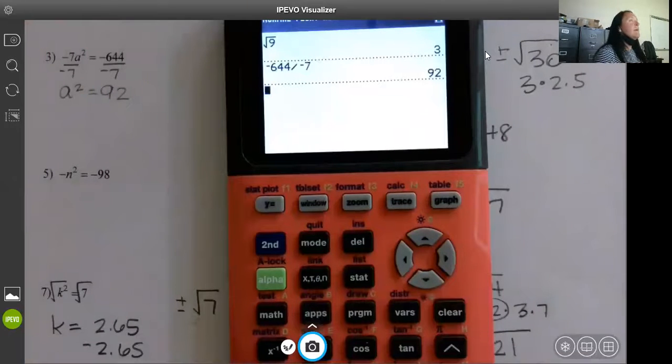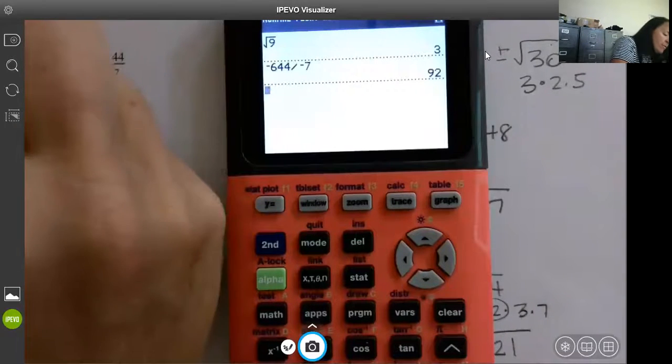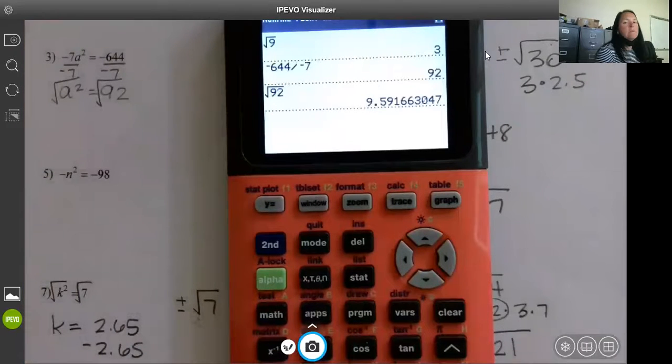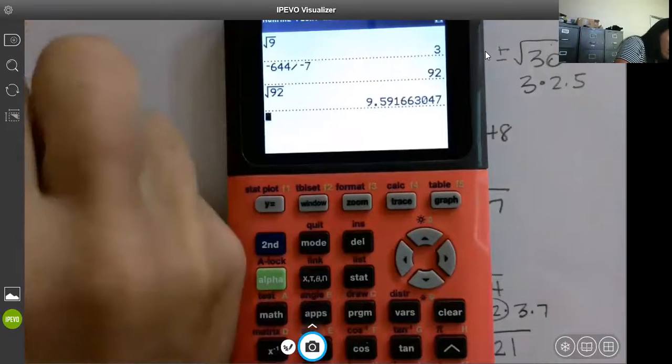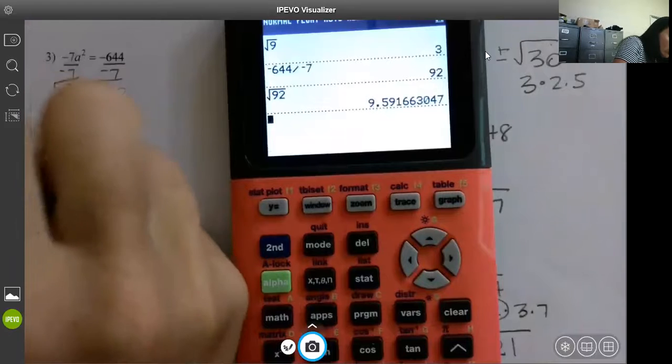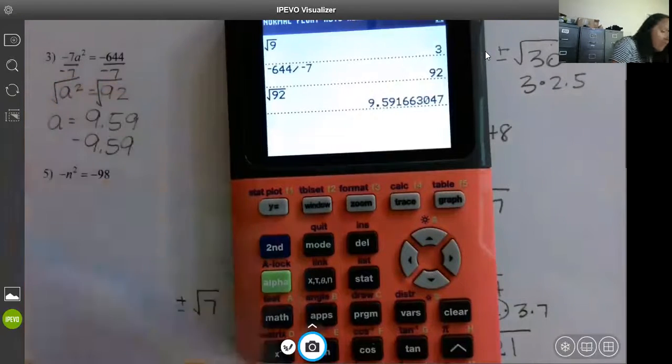Once I get that square by itself, I'm gonna take the square root. I'm gonna hope that it's a good square root, but it's not. So that means I'll have to simplify it a little bit. The decimal answer is 9.59 or -9.59.